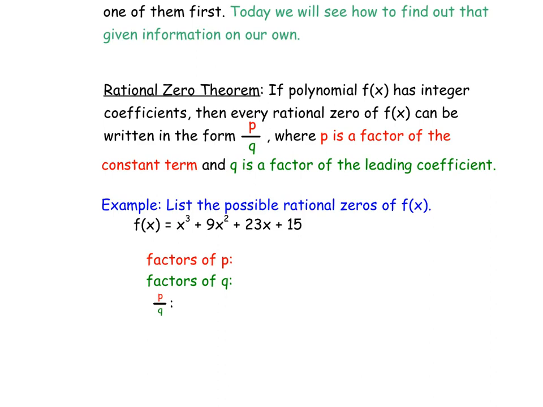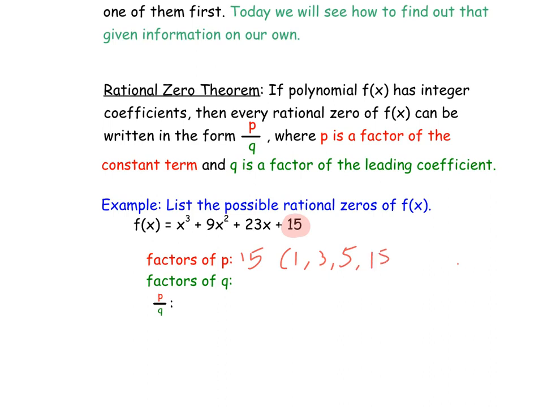So what you want to think about is what p is, and p is your constant. It is a little weird because you're starting at the back of the problem. So, factors of 15. I like to write the number here. So I want factors of that number, something like 1, and then 3, and then 5, and then 15.